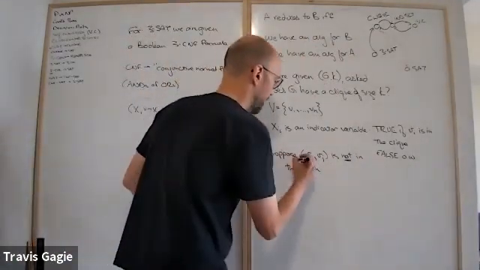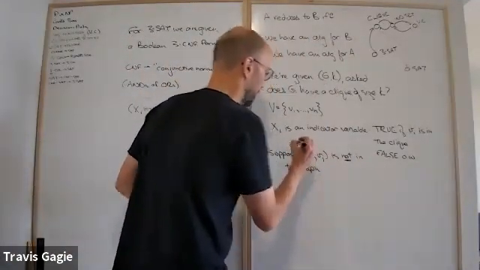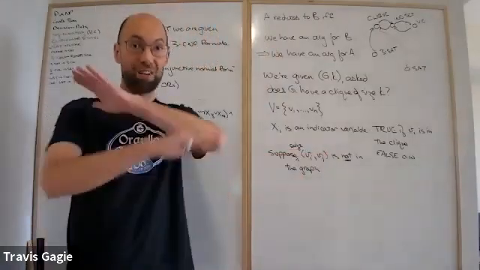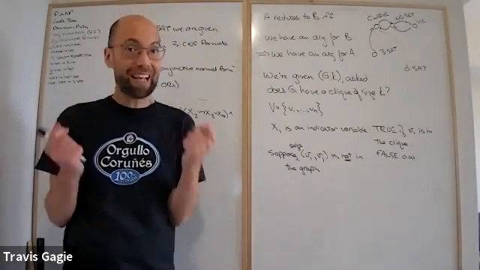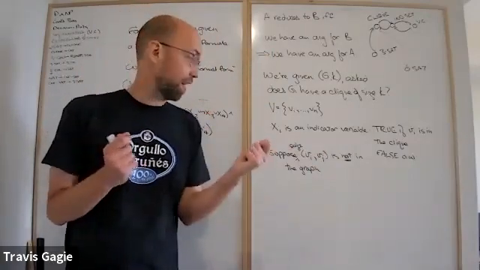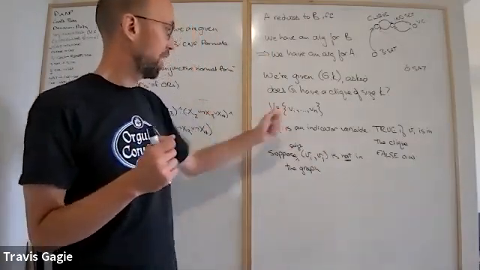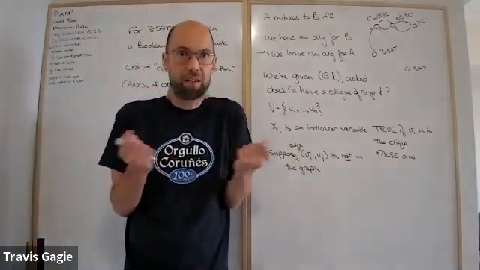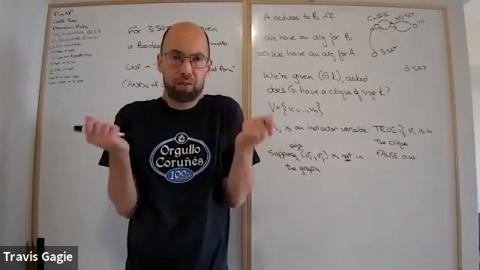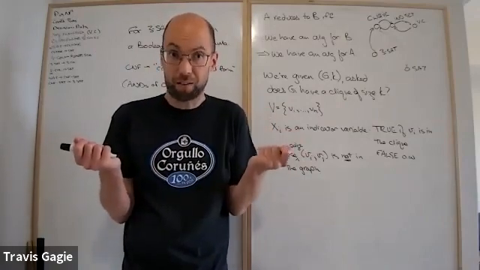So suppose edge vi vj is not in the graph. Then you can't have vi and vj both in the clique, because then it's not a clique, because between two of the nodes in the clique there's a missing edge, right?